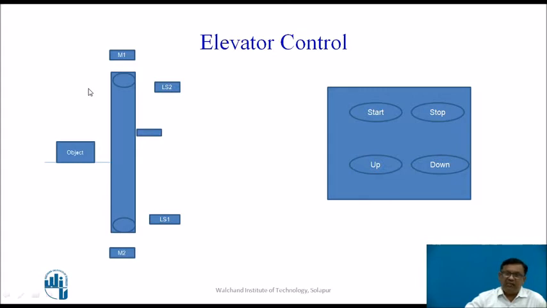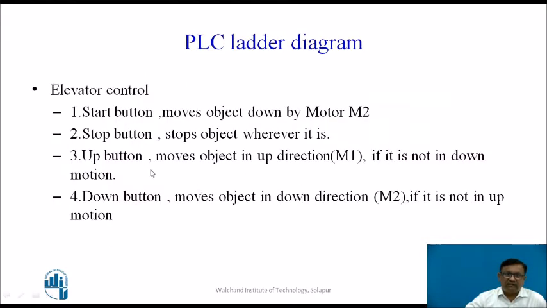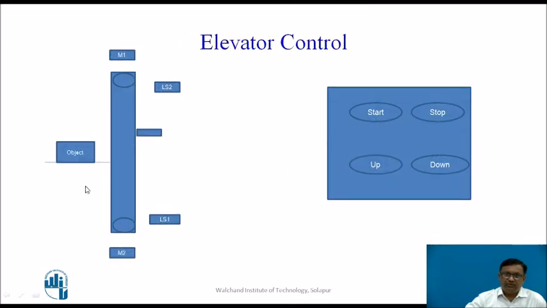Otherwise, the earlier operation is not cancelled. So this is the third step, that is, the up button moves the object in the up direction by motor M1. The direction of motor M1 to move the object up is clockwise.